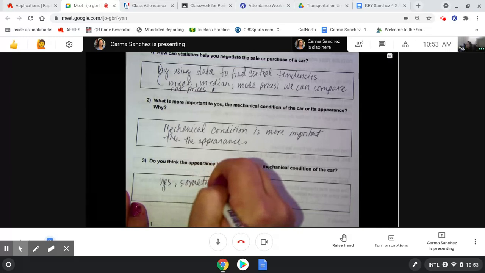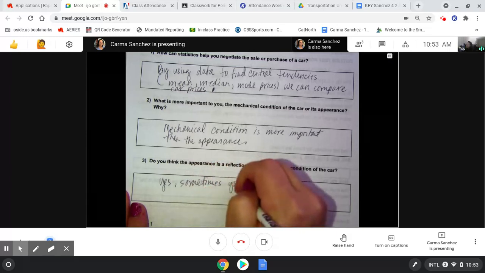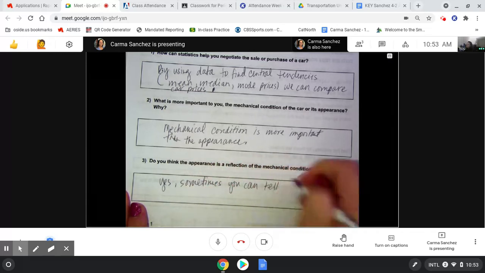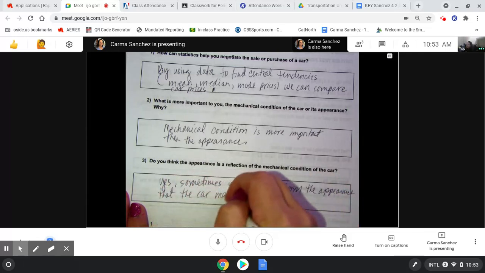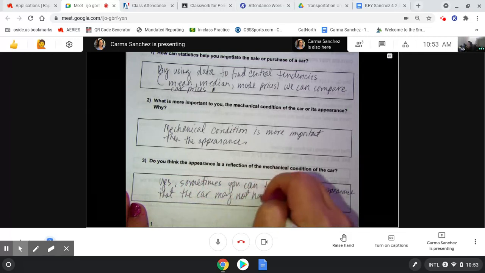Sometimes you can tell from the appearance that the car may not have been kept up.